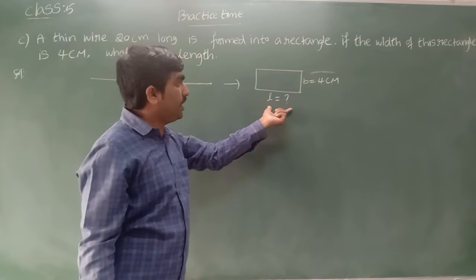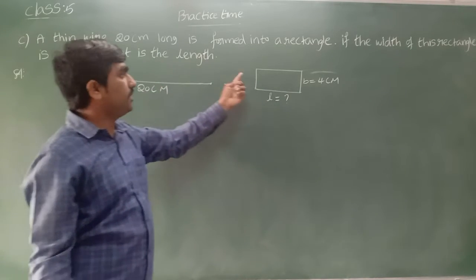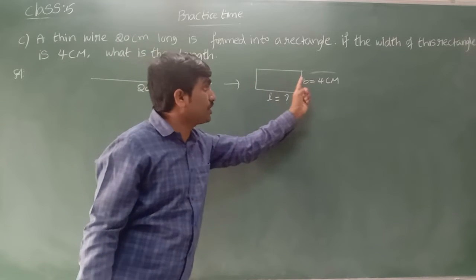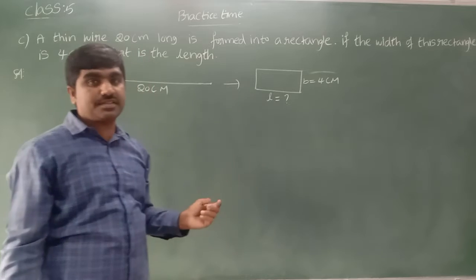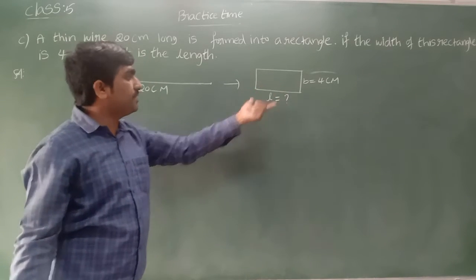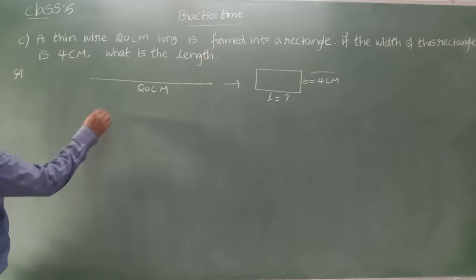So the total length of the wire is equal to the total length of the boundary. The total length of the boundary is called the perimeter. So indirectly they said the perimeter of this rectangle is 20 centimeters. Hope it is clear.